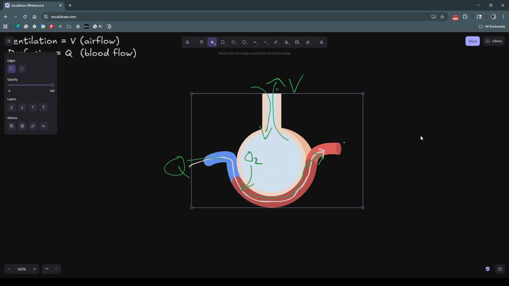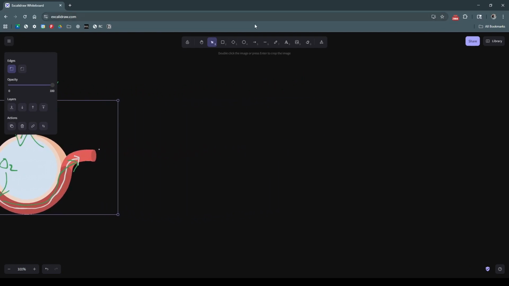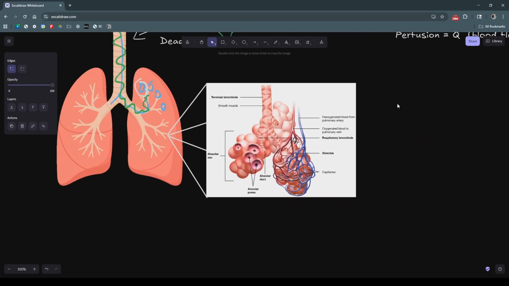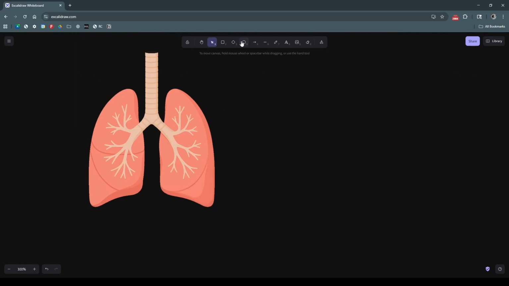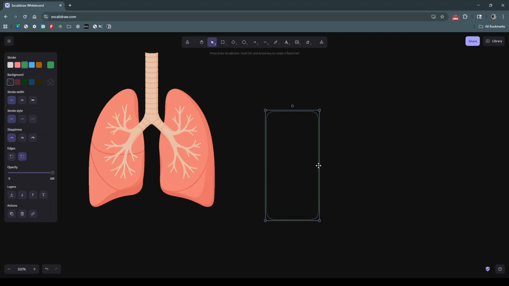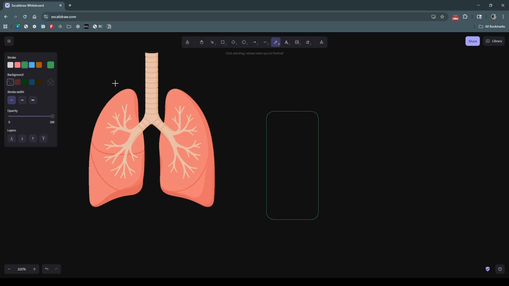Now, what's important to know is that we always have a certain VQ ratio. Let me grab our lungs here again. If I've got lungs like this, in a sense, they're a bit like a container that if I poured fluid into, obviously gravity would take the fluid down here, right? Filling this whole area in with fluid, and it would leave the remainder of this as air, right?